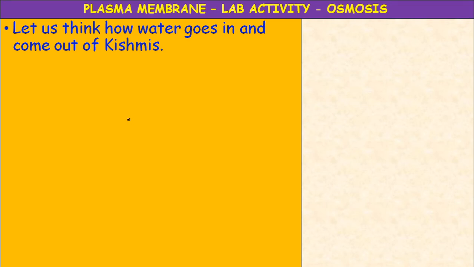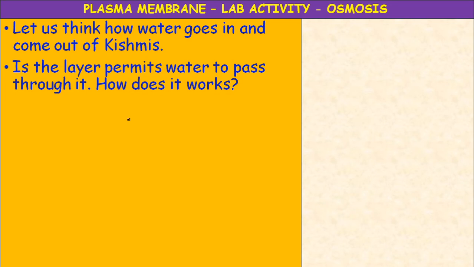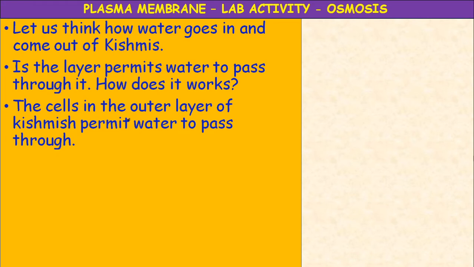So in order to understand that concept further, we are doing the experiments. The secret involved in those experiments is the layer that permits water to pass through it. How does it work? The cells in the outer layer of kishmish permit water to pass through.